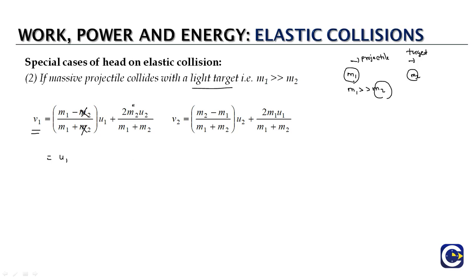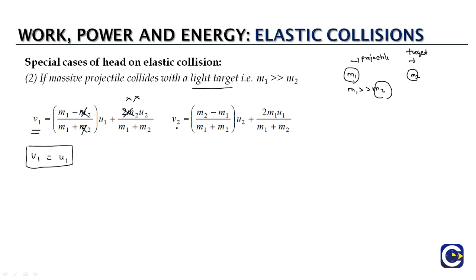And the second term, since M2 is going to be very, very small in comparison to M1, the numerator value will be very small in comparison to the denominator. In the denominator we have M1 plus M2, which will be nearly equal to M1 because M2 is very small. So we can totally neglect the second term because it will be very, very small. So what we are concluding is V1 will be equal to U1, which means there will be no change in the velocity of the projectile, which is heavy, after the collision.